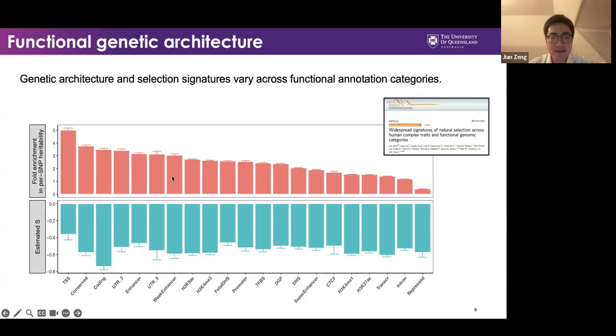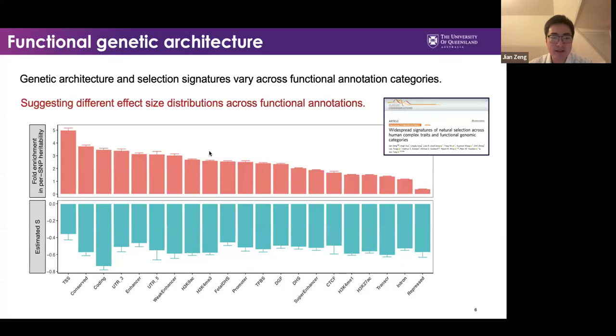What we found is that both the heritability enrichment and the signature of selection vary across functional annotations. That suggests the effect size distribution is likely to be different between functional annotations.